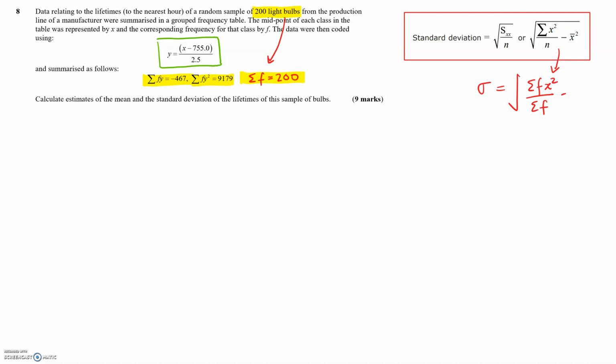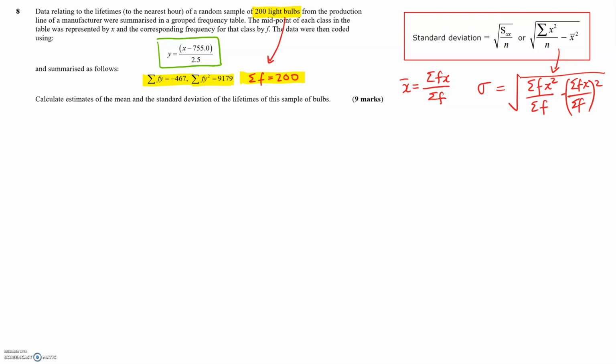X bar is the mean. So to calculate the mean, I need to do the sum of F times X over the sum of F. So I could rewrite it like that, and that's all squared. So that's what I've been given.